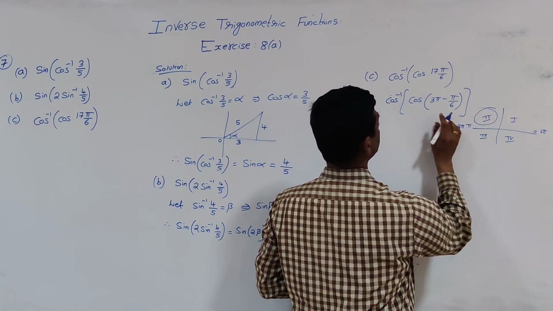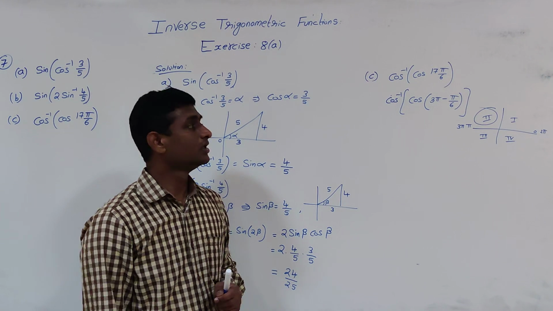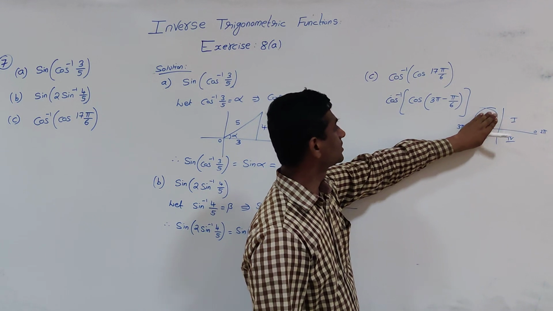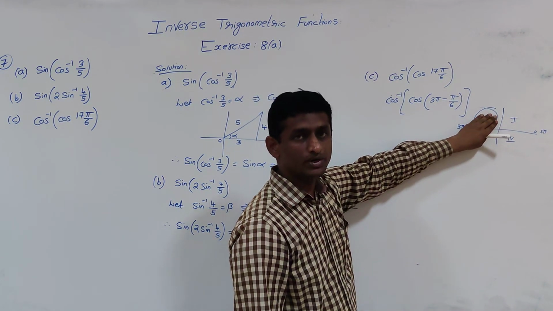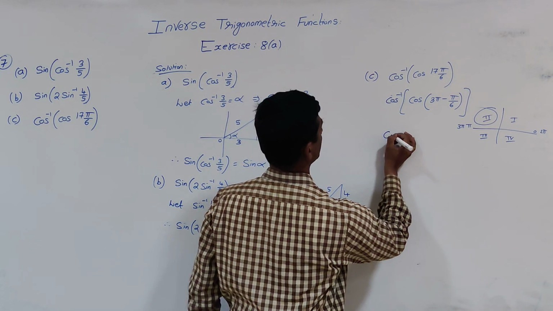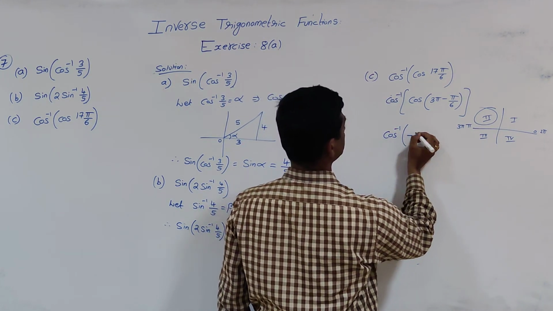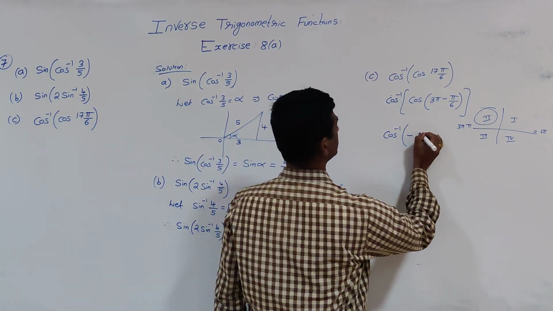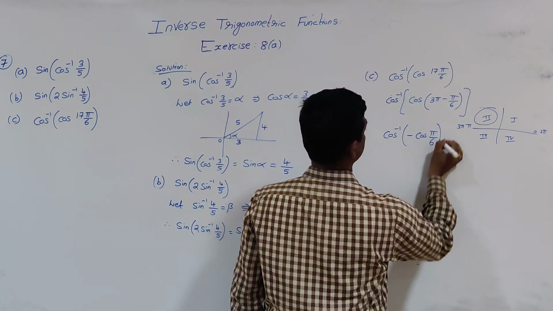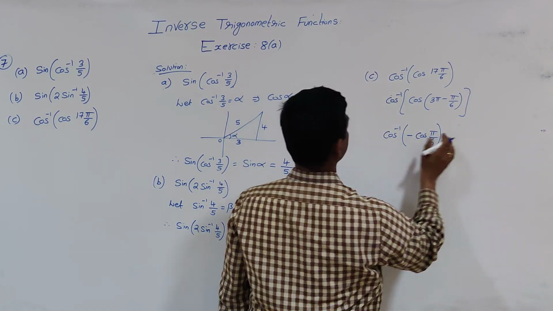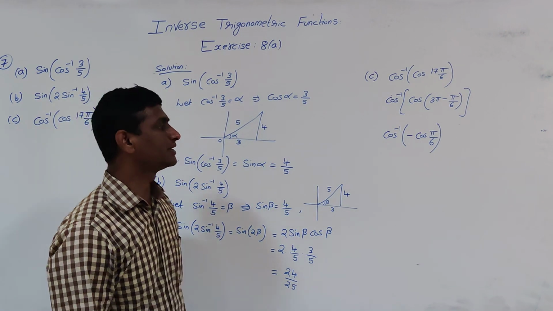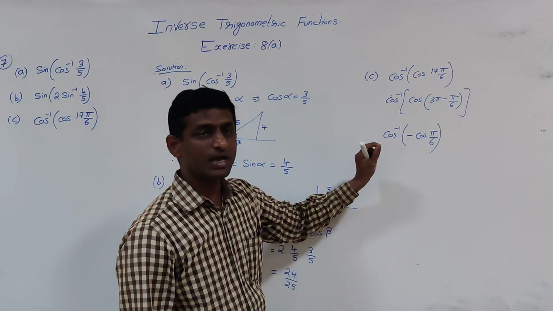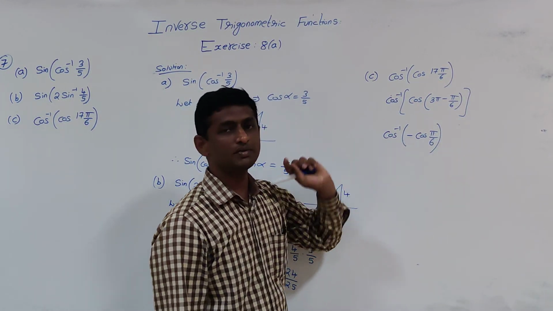In quadrant 2, cos is negative, and it is an even multiple of π by 2, so the trigonometric ratio does not change. So this becomes cos inverse of minus cos π by 6.